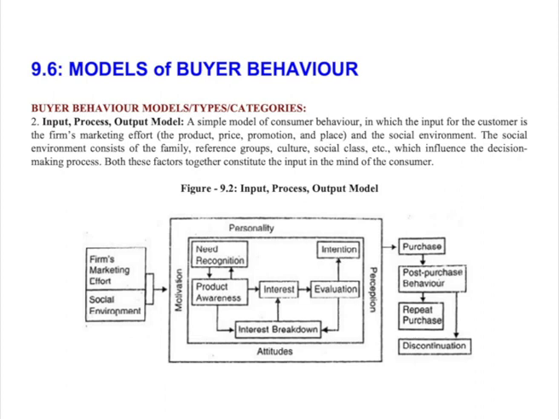So, in this model, in the input we consider 2 factors, one is the firm's marketing effort and the other is the social environment. We have talked about this at length. The social environment, my lifestyle, my age, my income, and other factors also are factored in. In terms of the process, we are talking in terms of 4 elements. One is personality, second is motivation, third is attitude, and fourth is perception.